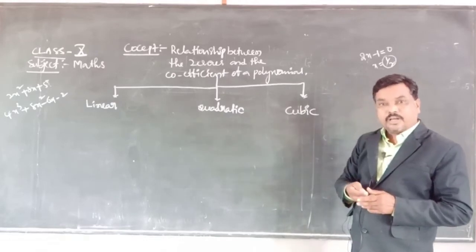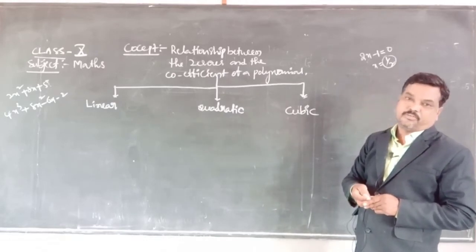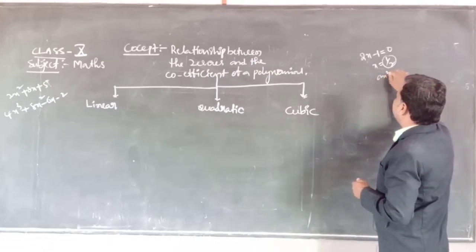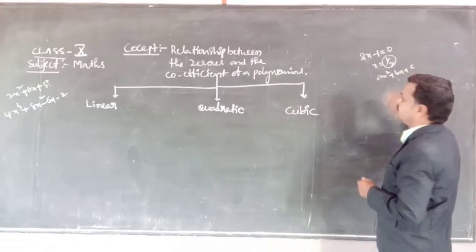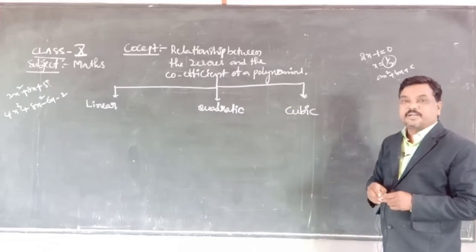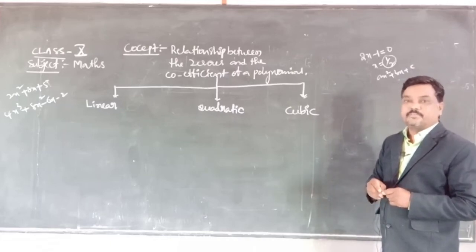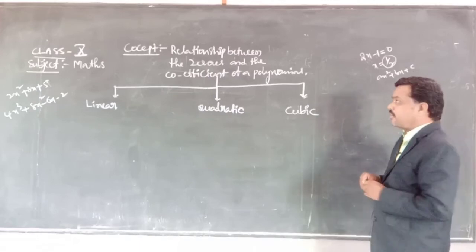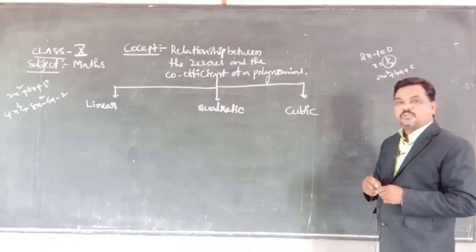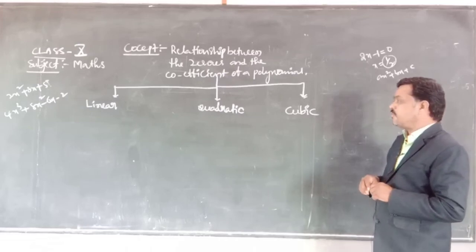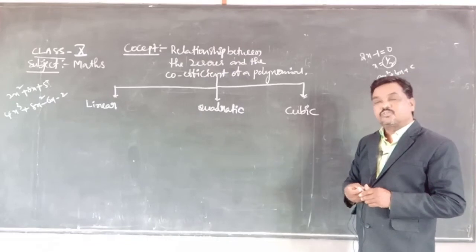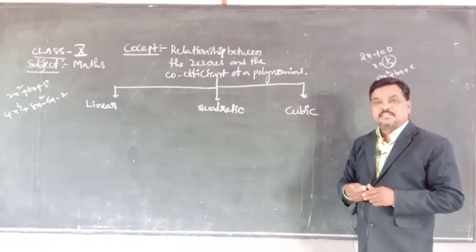So every linear polynomial has one zero of the polynomial. Every quadratic polynomial has two zeros, because it is in the form of ax square plus bx plus c. In 8th class we have the split method. Split the middle term, and we will get two x values that are called the two zeros of the quadratic polynomial. A cubic polynomial has three zeros.